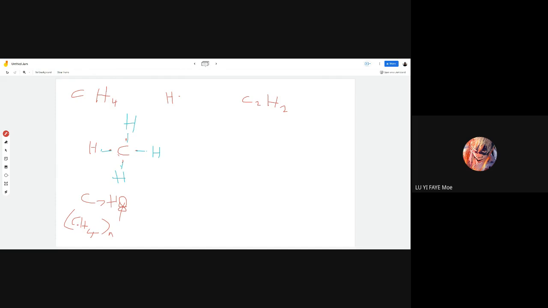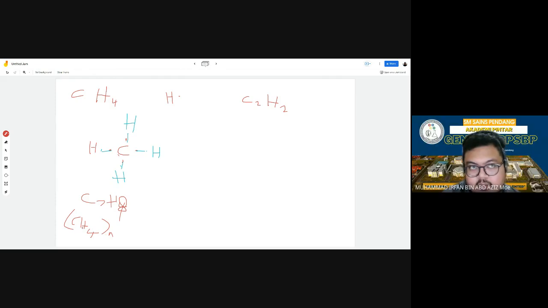C2H8, C3H12, 4 darab 3 apa? 12. Semua adalah single bond. Kalau C2H2, tak nak, kita buat C2H6. Dia akan jadi macam mana?